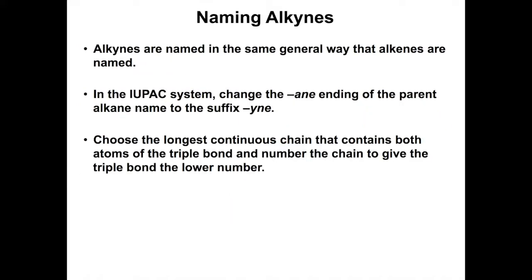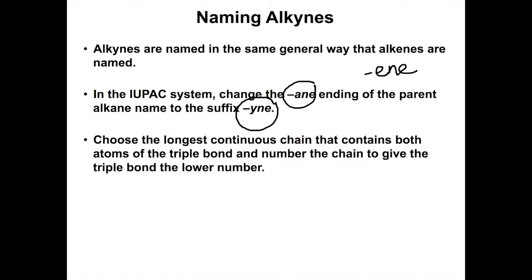We talked about alkynes briefly when we talked about nomenclature, and alkynes are named in the same general way as alkenes are. In the IUPAC system, remember that instead of "ane," when we have a double bond, we end it in "ene." And now when we have a triple bond, we're going to use the suffix "yne," this one right here.